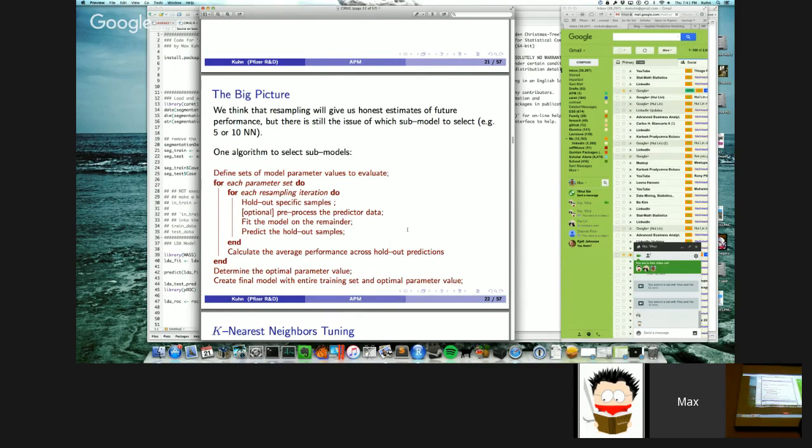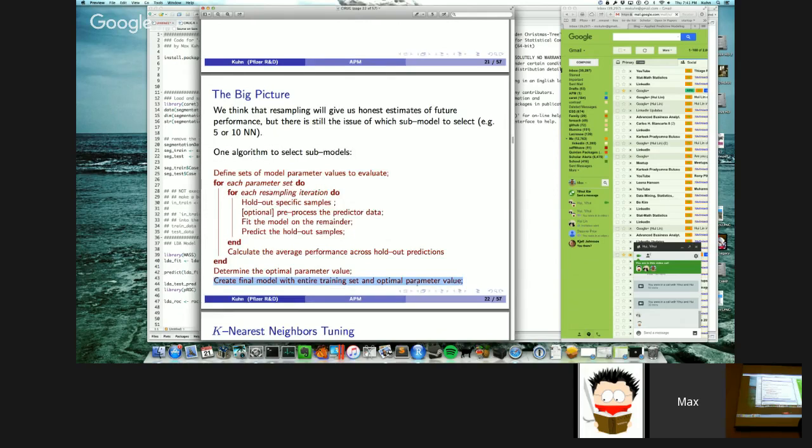Again, the big picture is we loop over a set of candidate parameters. For each one of those, we resample. Then at the very end, we take that profile and find the optimal value. The optimal value might be, pick the winner: which one had the highest accuracy? There's a variety of ways to pick that one. But the final model used the entire training set and whatever the optimal tuning parameter was.